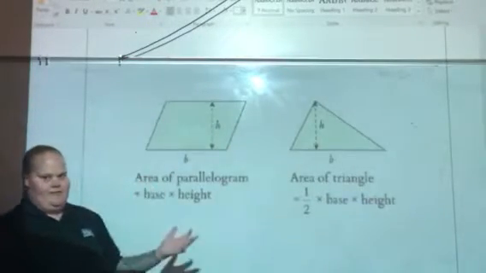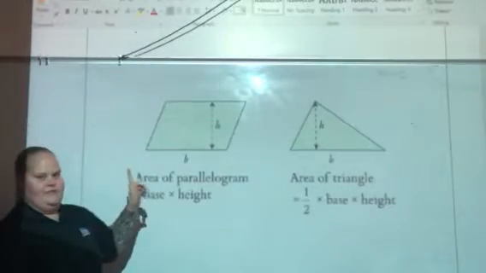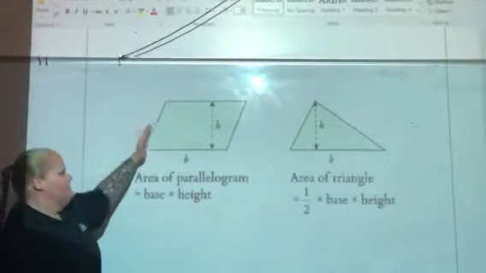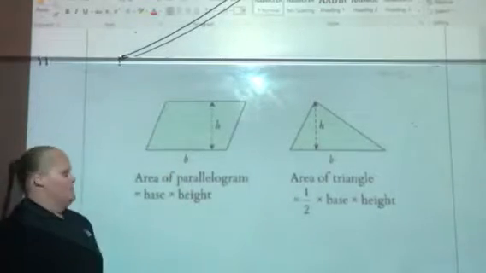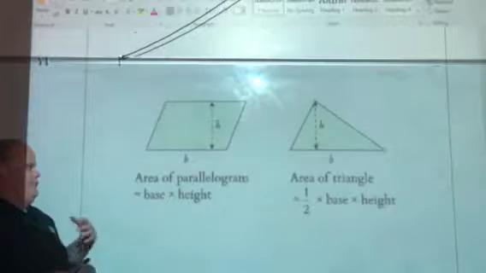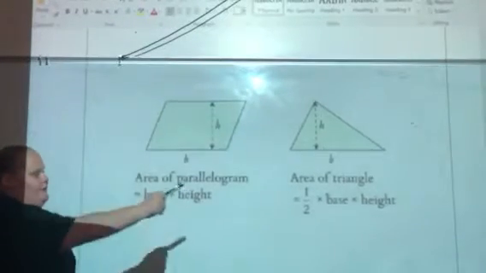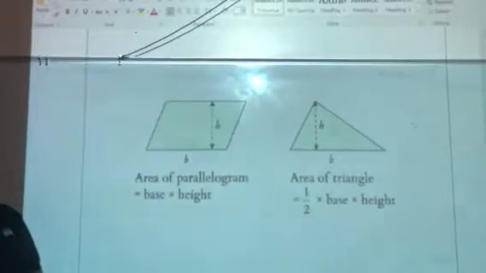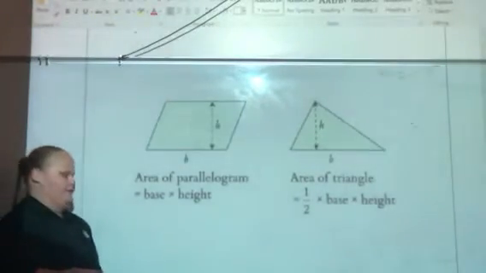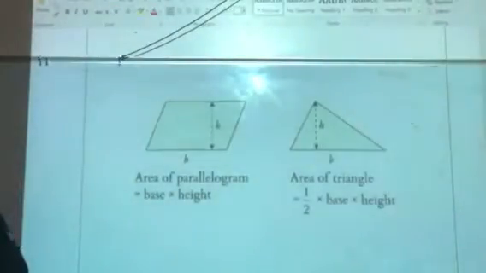It's different from a rectangle because in a rectangle, all corners have perfect 90-degree angles. Here it's shifted a little bit. But the formula is still the same. It's the exact same as the formula for a rectangle. It's going to be base times height. And then you have the area of a triangle, which says the area is 1/2 of the base times the height. Let's go ahead and look at some examples.